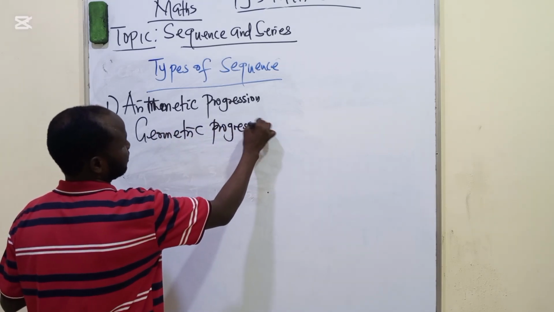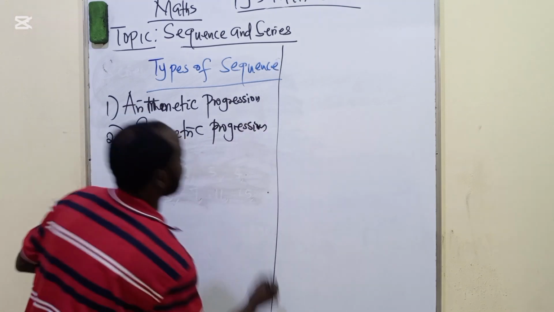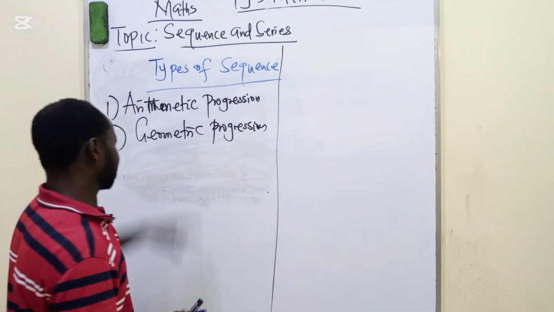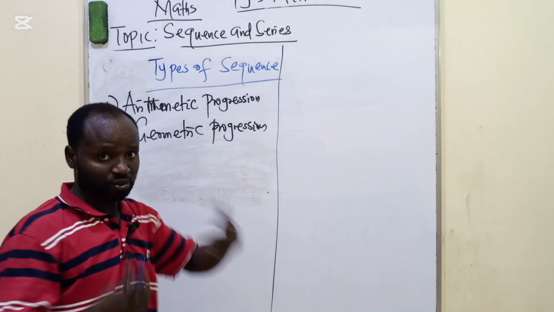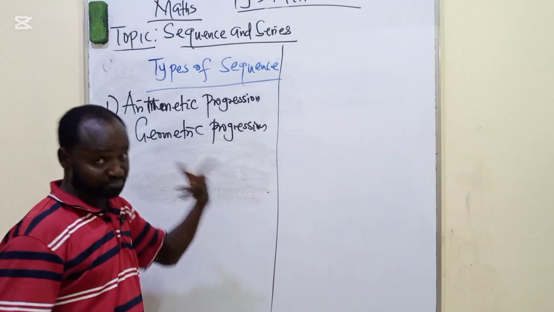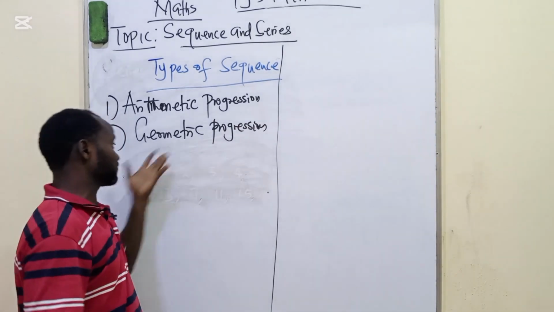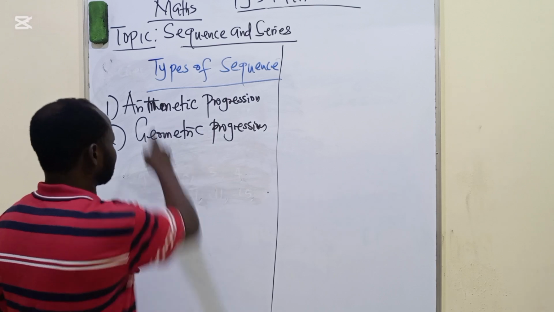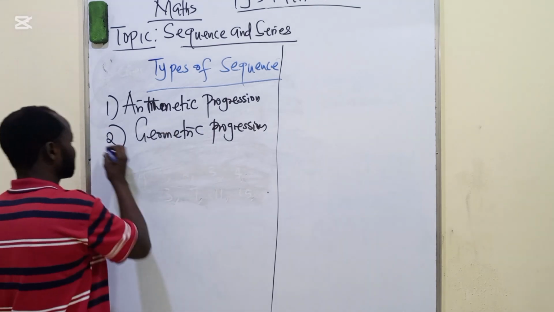But we'll look at only the concept of arithmetic progression, which is also known as linear sequence. The geometric progression is also known as exponential sequence. The arithmetic progression is known as AP. The geometric progression, short form GP. Very important. Let's look at the concept of arithmetic progression.